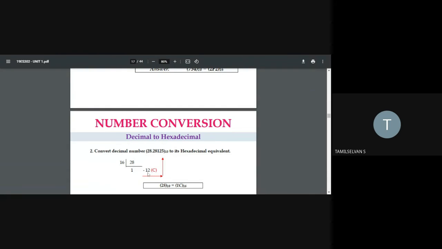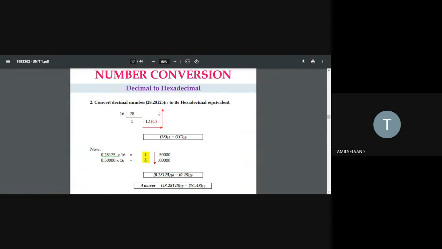This 12 as a decimal number has the hexadecimal equivalent C. So 1C is the final output for the whole number 28, that is 1C to the base 16.